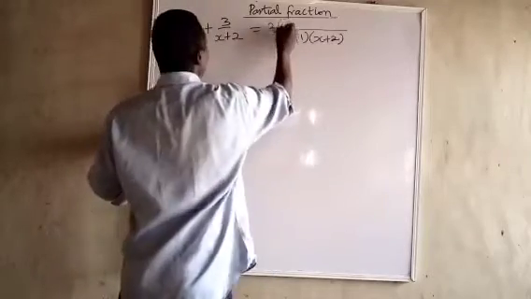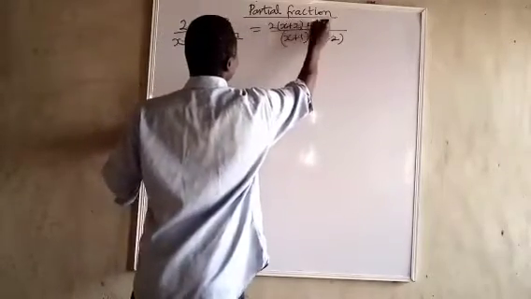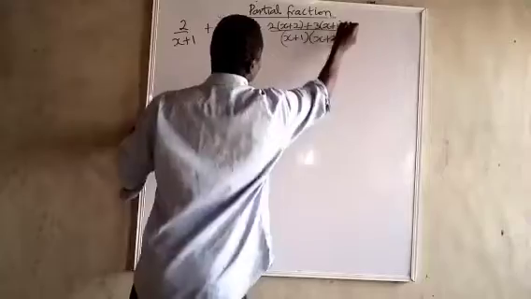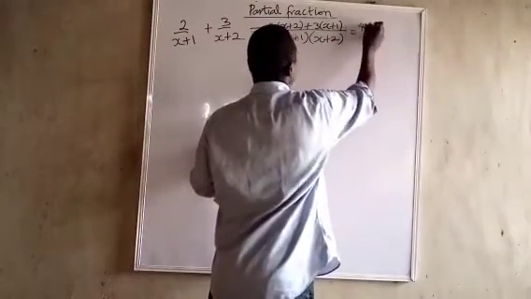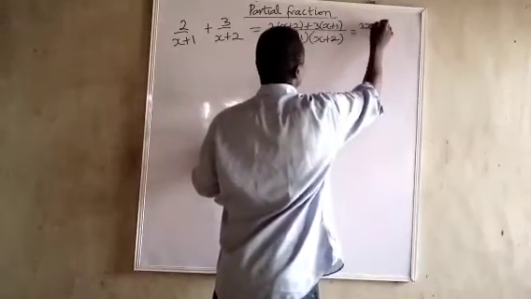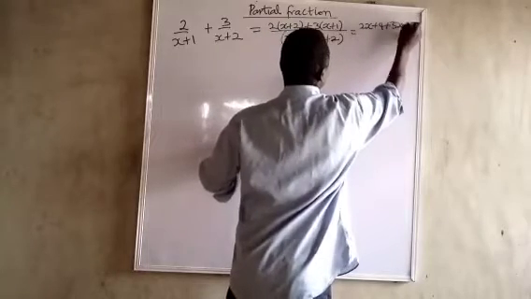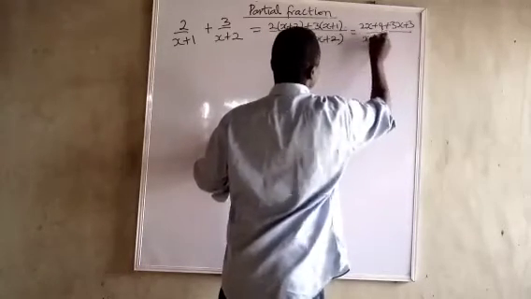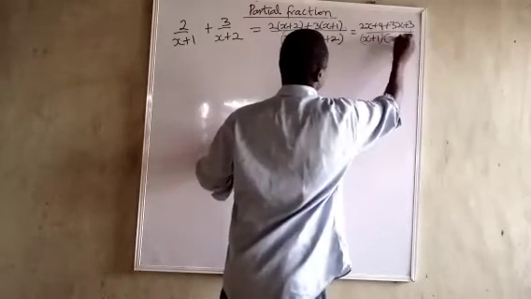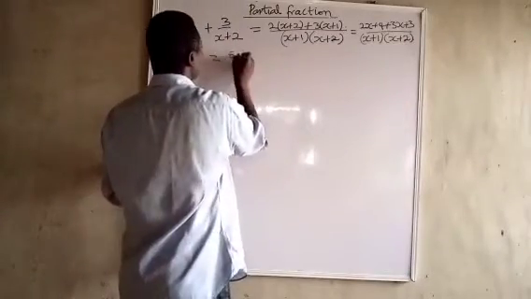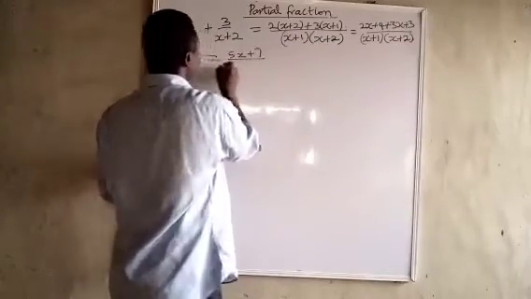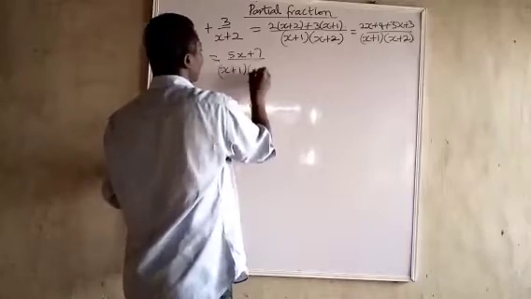And then we have 2 into x plus 2 plus 3 into x plus 1. Please follow me. Then we are going to have 2x plus 4 plus 3x plus 3 over x plus 1 into x plus 2. At the end of the day, we are going to have 5x plus 7 over x plus 1 into x plus 2.